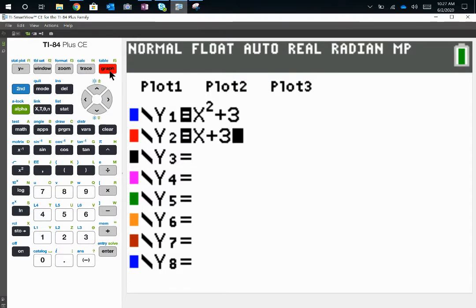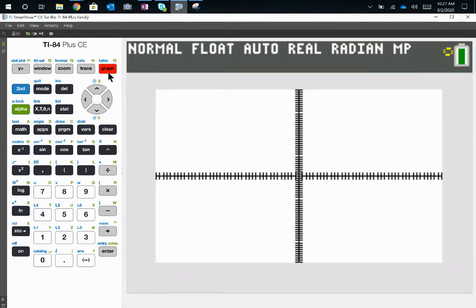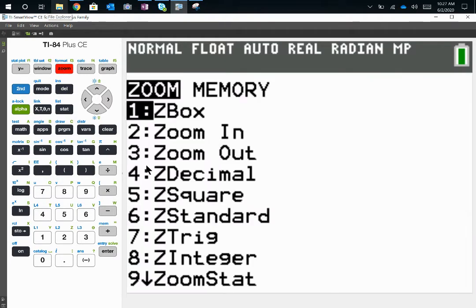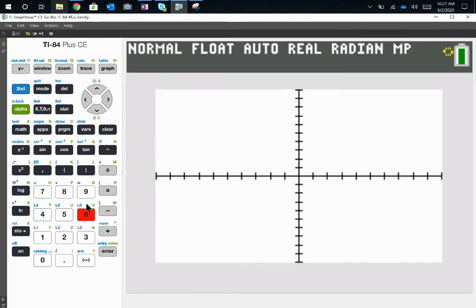So we should see a graph that is very similar. My window is out of whack. So my window is not in a normal zoom. So press the zoom and select number 6, zoom standard. So this should look vaguely like the graph that we have, yeah?